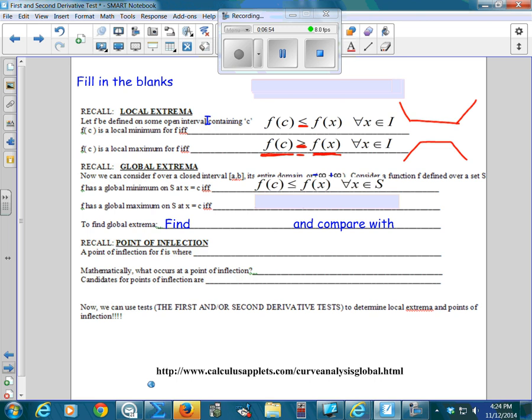They occur over the entire domain, or from negative infinity to positive infinity if that is the domain. So f of c would be a global minimum if it were less than or equal to f of x for all the x values in the domain of the function, and likewise for maximum.